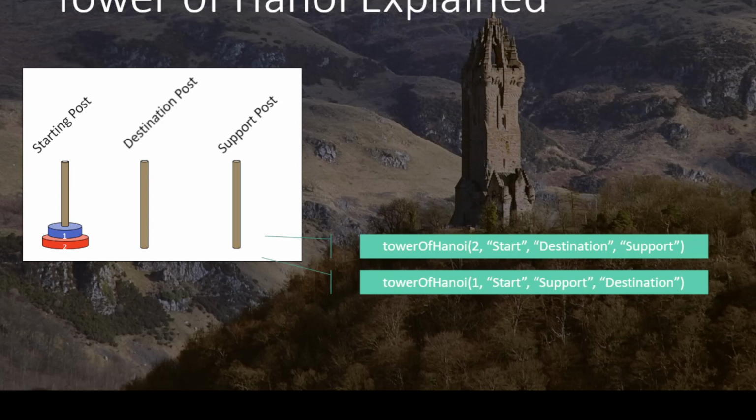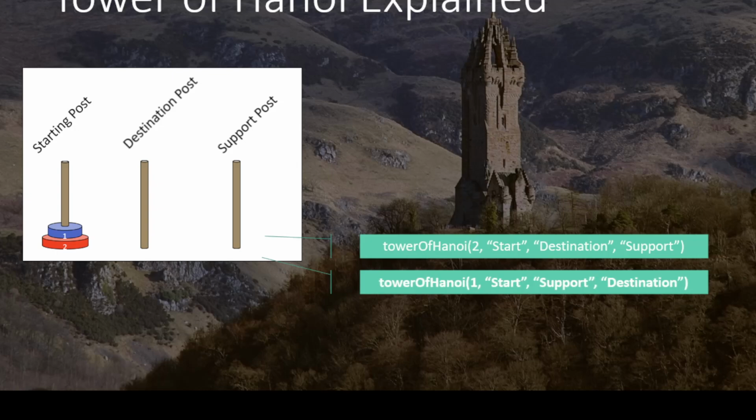But remember, the rule of recursion is we don't care about anything except for our call. The fact that the destination post is C in the bigger problem means nothing for the destination post when I'm solving the smaller problem.